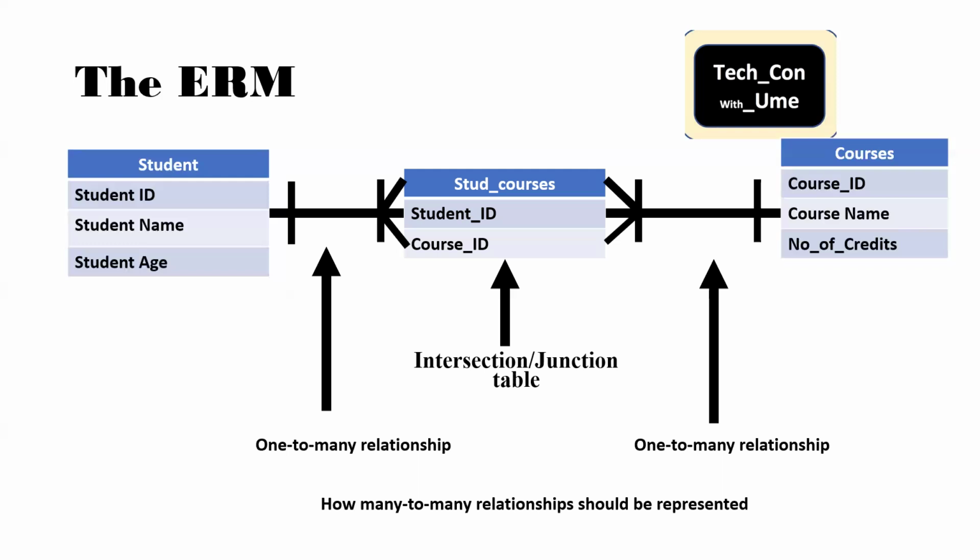This means from the student table to the intersection table, which is called student courses, we're going to have a one-to-many relationship. And in like manner, from the courses table to the student courses table, or the intersection table, we're going to have a one-to-many relationship.